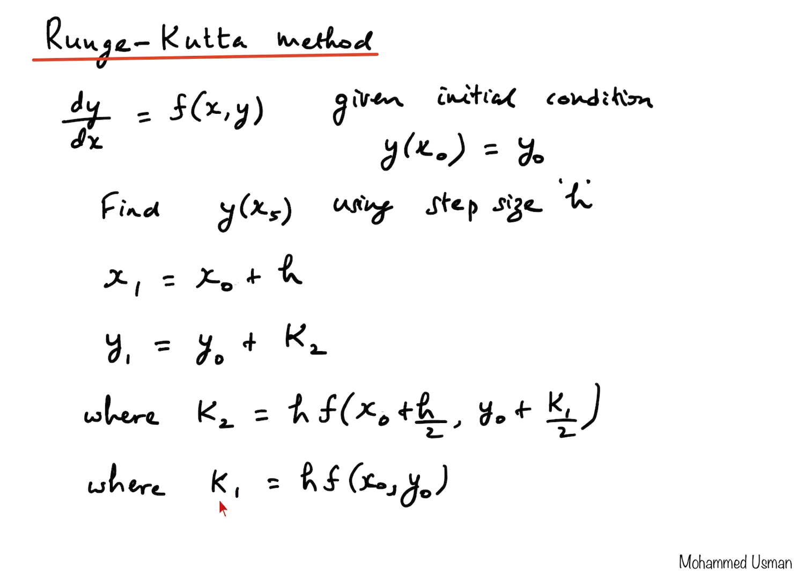Then using that, we compute another new value which is called k2, the value that has to be added, and then we add that value to the initial value of y, and that gives us the new value of y for that particular iteration, and we keep repeating this iteratively until we get to the desired value of x. So that's the procedure for the Runge-Kutta method. So let's do an example, and I'm going to use the same example that we did previously for Euler's method and the modified Euler's method.